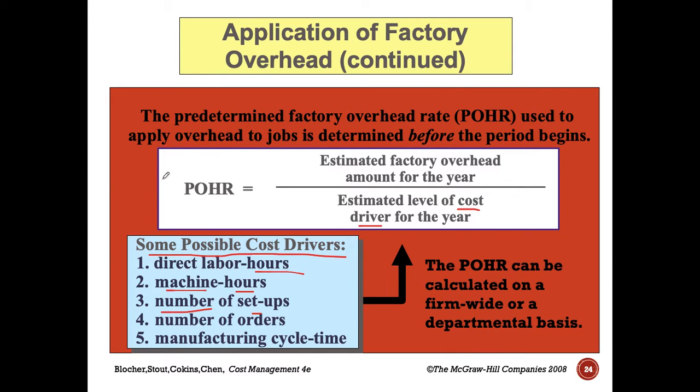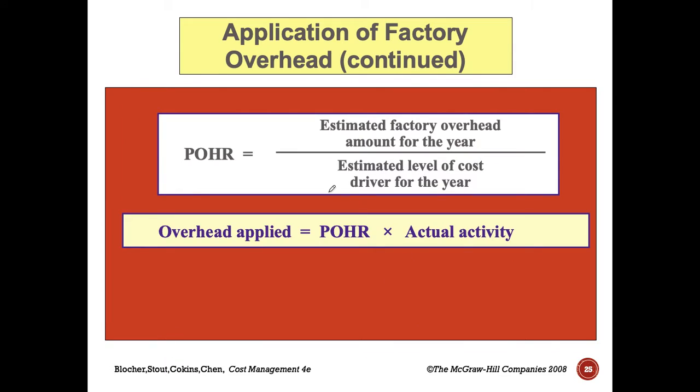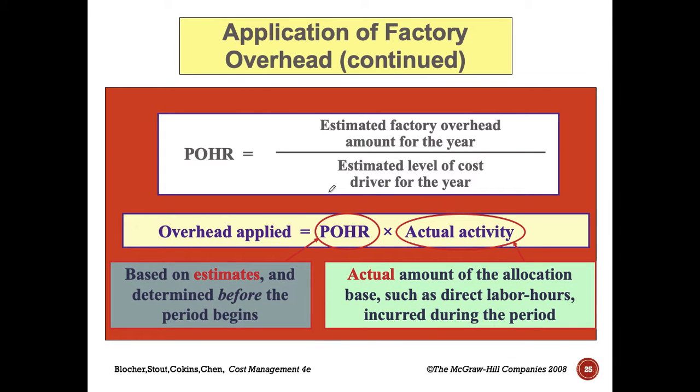So you need to remember this formula. Predetermined overhead rate is equal to estimated factory overhead amount for the year divided by estimated level of cost driver for the year. And then overhead applied is equal to predetermined overhead rate multiplied by actual activity.